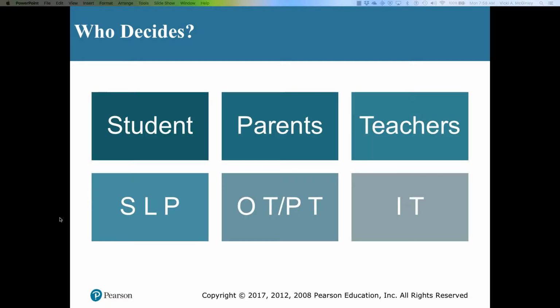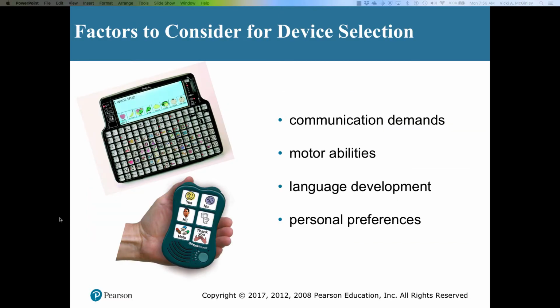Who decides? Well, the team. The multidisciplinary team is the answer. A lot of times we're involving professionals that are considered related services when we're selecting the most appropriate technology for a child: speech language pathologists, OT/PTs, and instructional technology specialists as well. What do you consider?